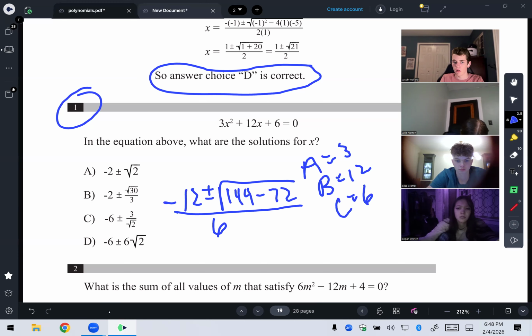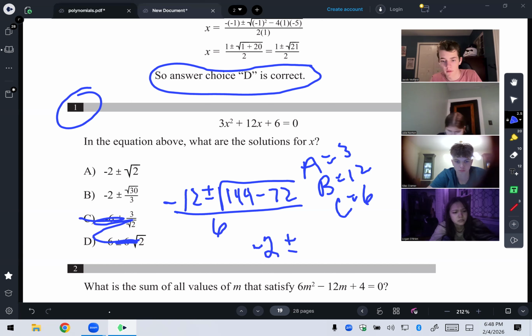So then we have minus 12 over 6. That's going to give us negative 2. So we know C and D are out. Plus or minus, now here we have the square root of 72 over 6.